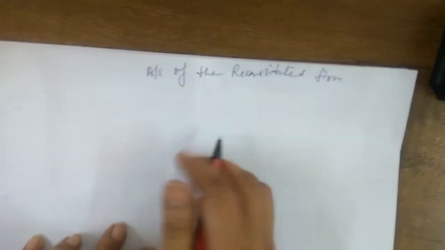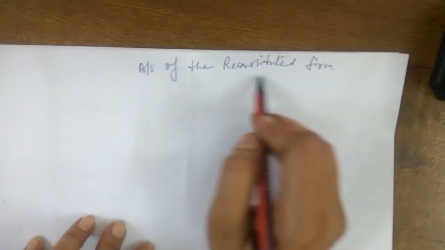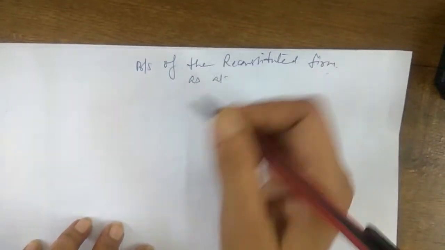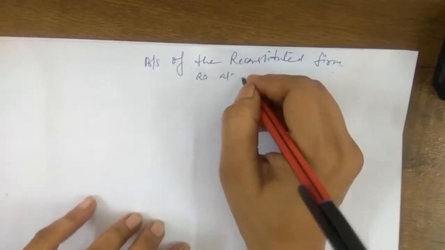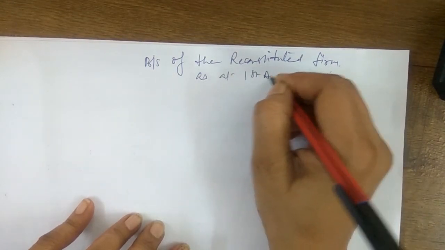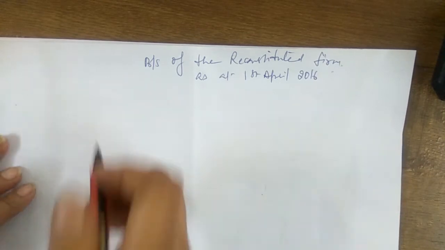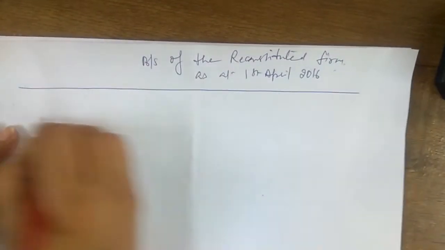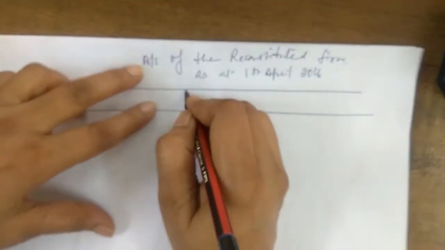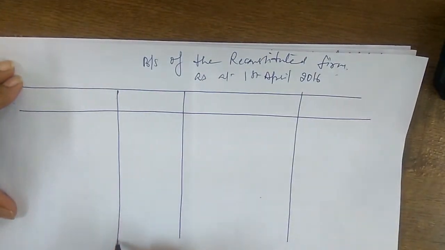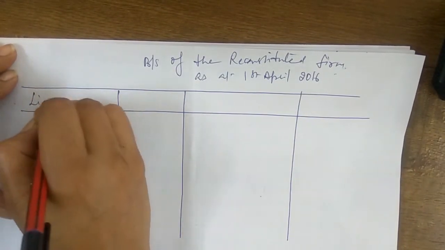This is revised balance sheet of the reconstituted balance sheet. It is revised as at. Now it is as at, not as on 1st April 2016. Clear है बच्चे? Now this balance sheet with the changes in capital account and if assets and liabilities are revalued and reassessed.